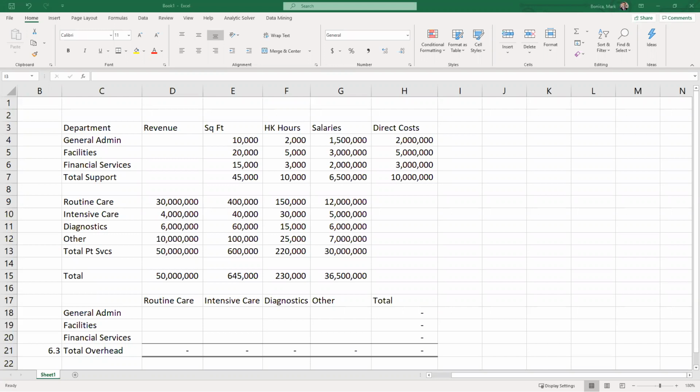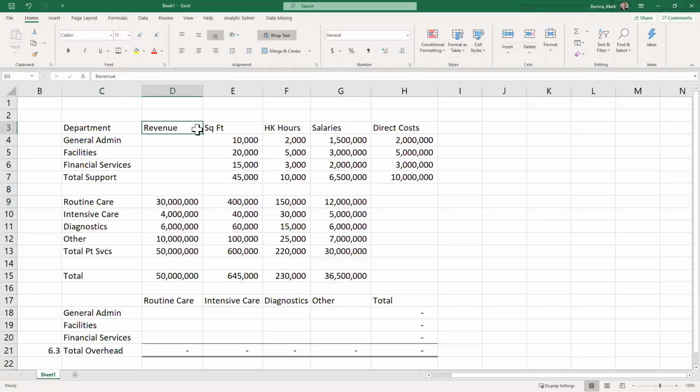Orienting you to the table, we have a list of departments. We start with support departments, which are going to be our cost centers: general admin, facilities, financial services. Then we have our profit centers, which are going to be patient service departments: routine care, intensive care, diagnostics, and other.